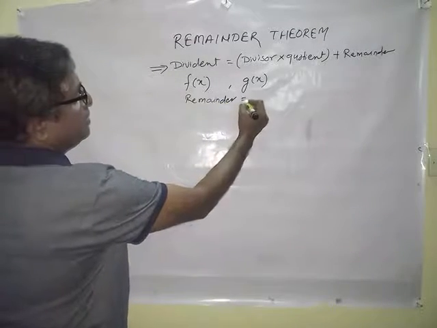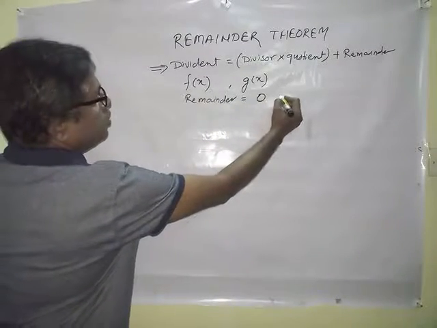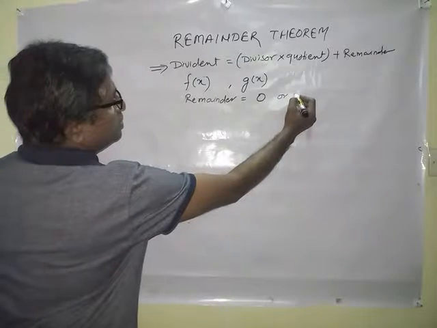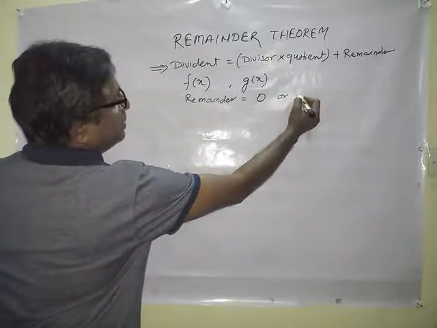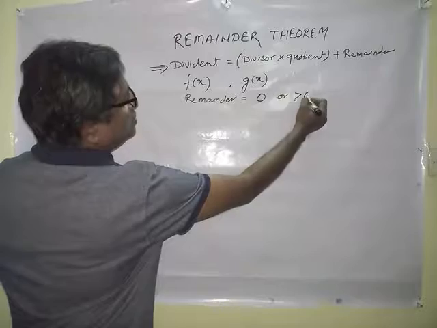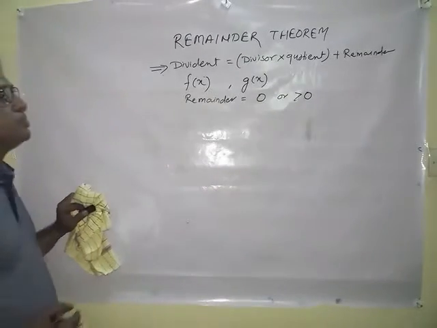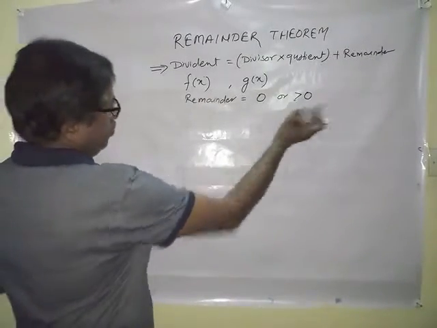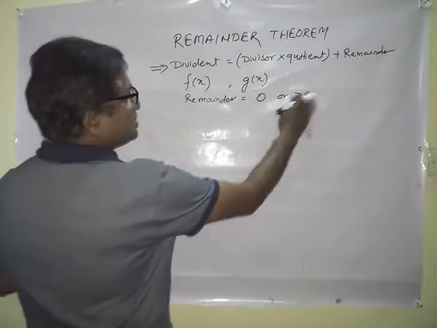The remainder either can be 0 or greater than 0. So it can be 0 or non-zero.